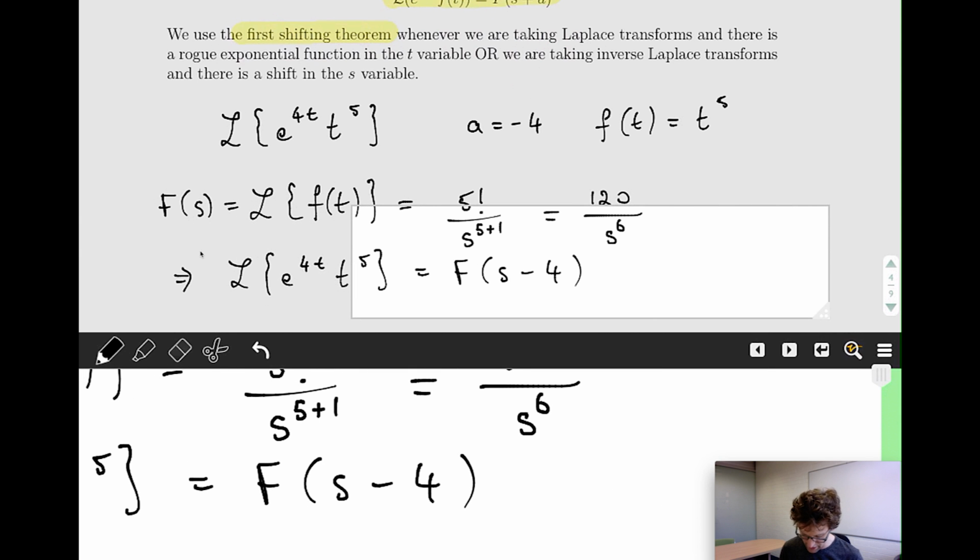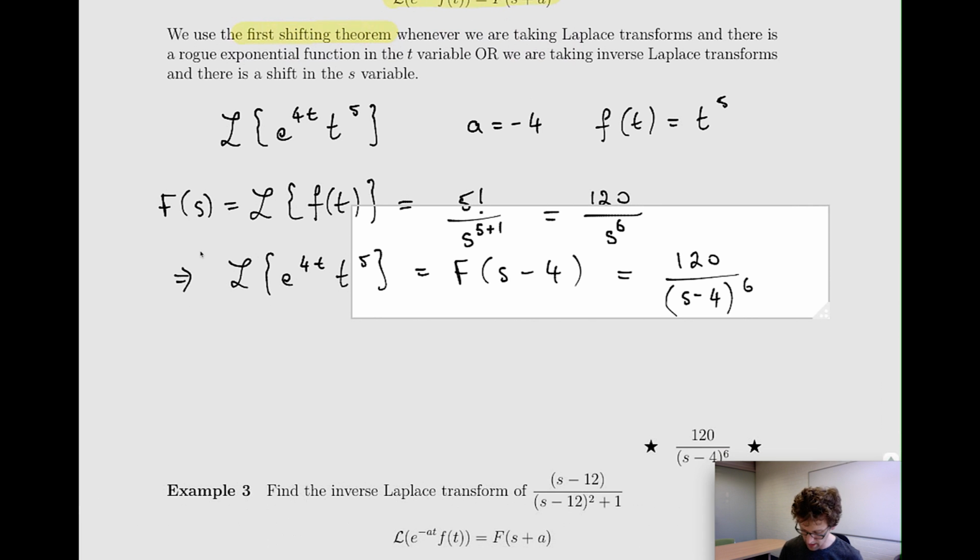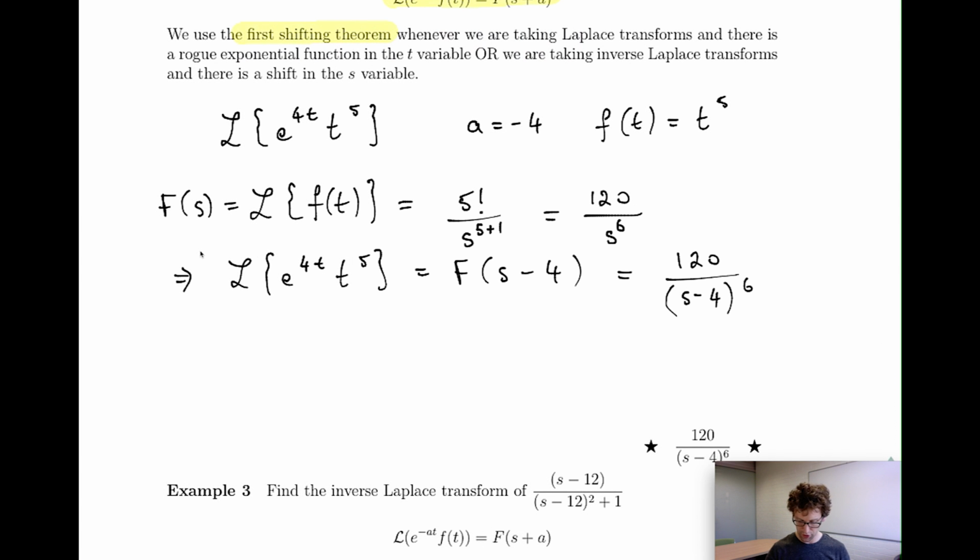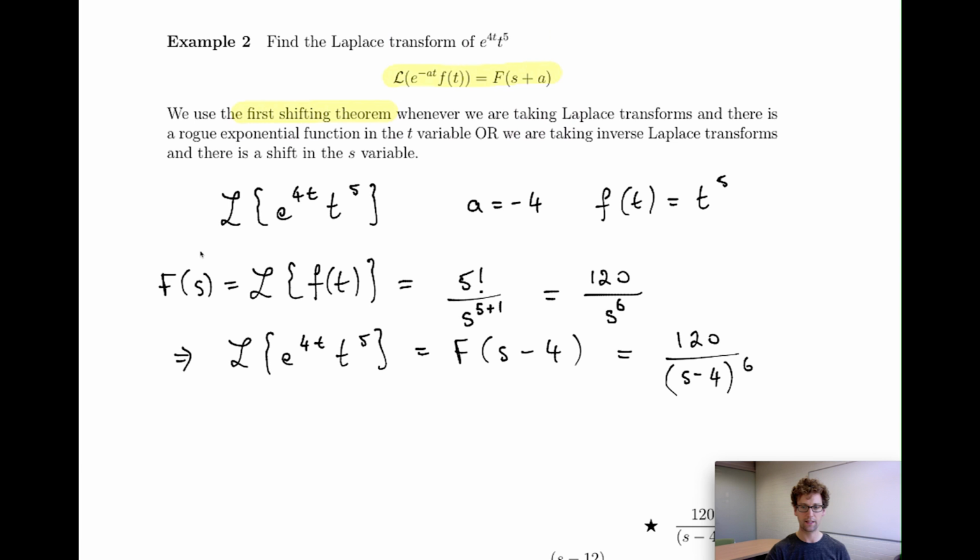Everywhere I see s in my expression above, I'm going to replace it with s minus 4. And there we have it. We applied the first shifting theorem to calculate the Laplace transform of an exponential with respect to t multiplied by a function of t.